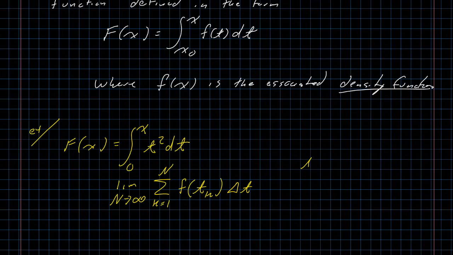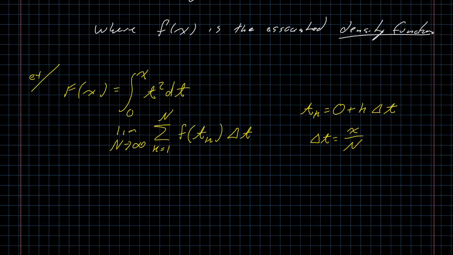Remember that tk was our a, which in this case is 0, plus k times delta x, or in this case, delta t. And delta t was our b, x, minus our a, 0. X minus 0 is just x, divided by n. And so we can substitute these things into our summation.